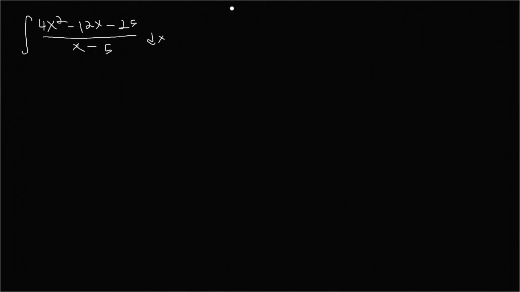So we're going to draw a reverse division sign. And so we look at this term here. We have our binomial here, and so we're basically going to set it equal to 0 and find the 0. And so x minus 5 is equal to 0, add 5 to both sides, x is equal to 5.